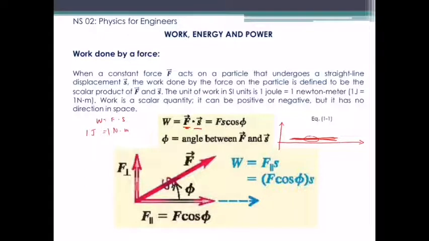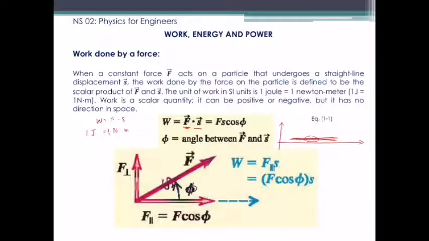So that, like for example, this one, as you can see, your F is directed at an angle phi. So in order to get our work there, you must get the dot product of F. As you can see, you have here the component of F that is parallel to the displacement, and then multiplied by the displacement. So when we consider this illustration, you have here your F inclined at an angle phi.